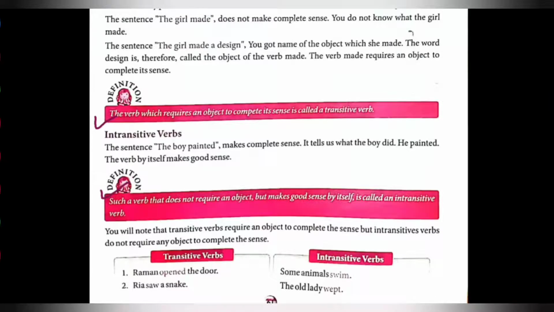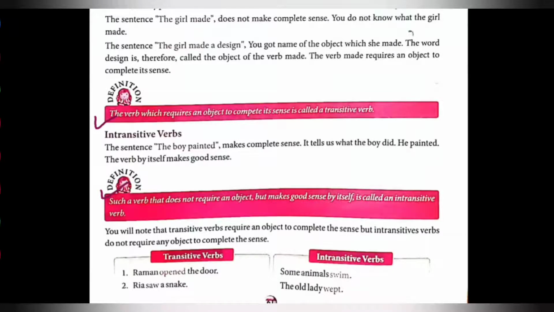Such a verb that does not require an object. The verb that does not require an object and makes good sense by itself is called an intransitive verb. A verb that makes good sense and does not require an object.